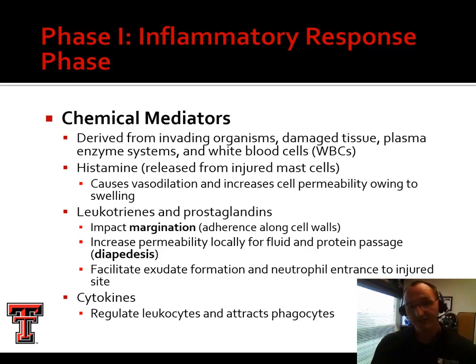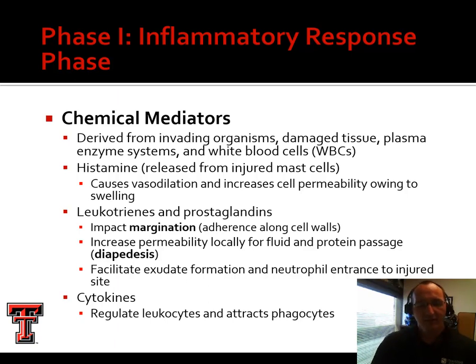We get vasodilation, we get changes in cell permeability related to swelling. The leukotrienes and the prostaglandins also impact margination, so this will certainly influence the rate at which things can cross over cellular membranes. We get an increase in the permeability in those membranes for fluid and protein passage. This is referred to as diapedesis.